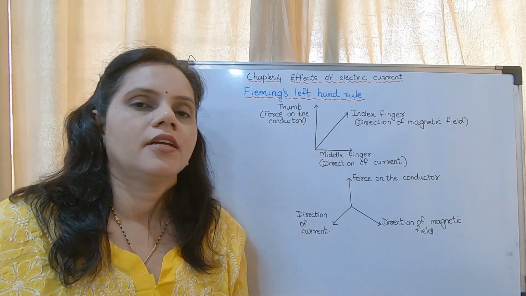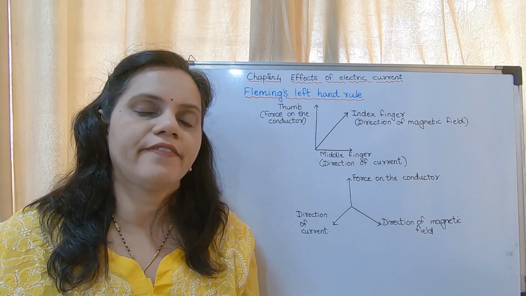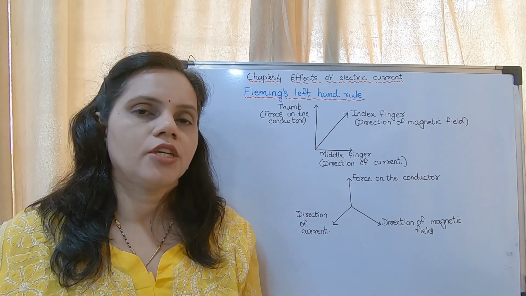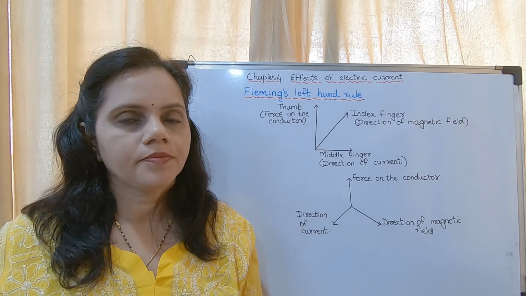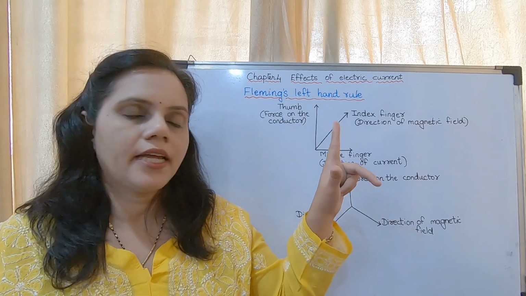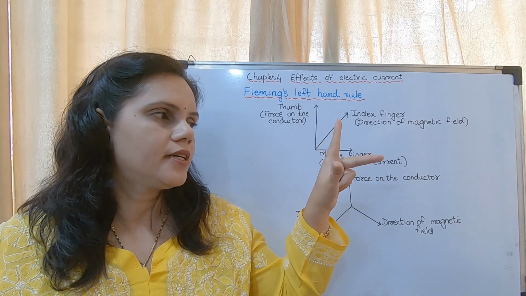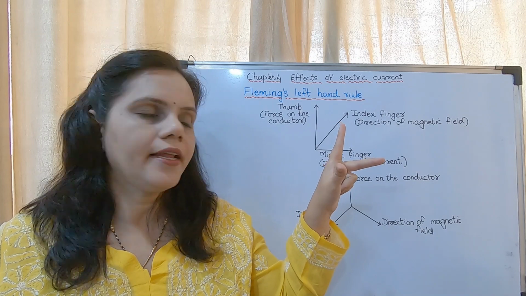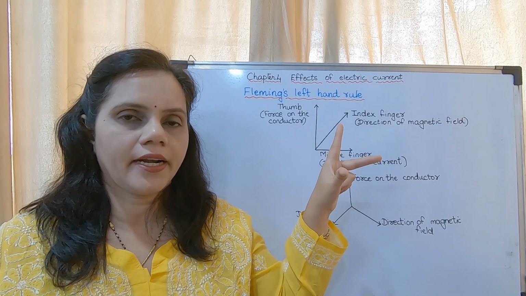I repeat, if there is a question, state Fleming's left hand rule, you have to write: stretch your thumb, middle finger and index finger in such a way that the index finger shows the direction of magnetic field, the central finger shows the direction of current, then the thumb will show the direction of motion of conductor.